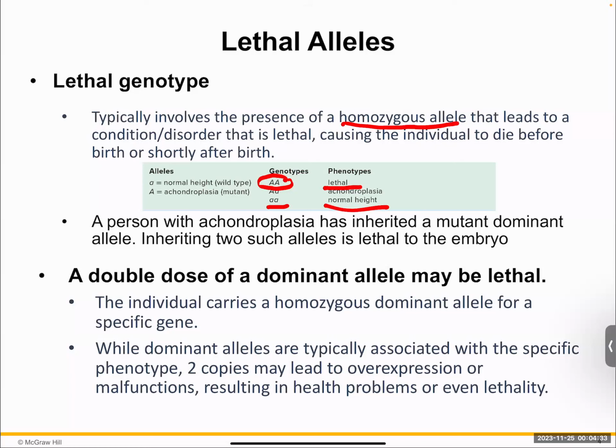If you are heterozygous, you would have the symptoms of this medical condition, which means the height is not as tall as a normal individual.